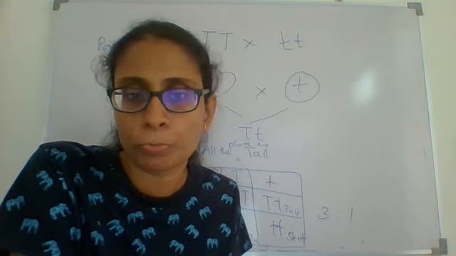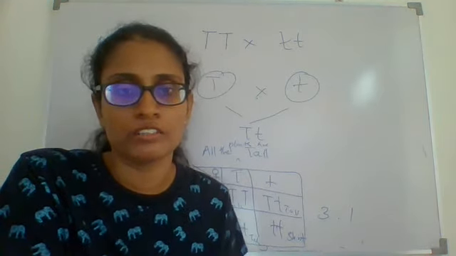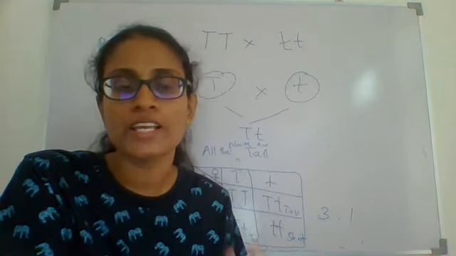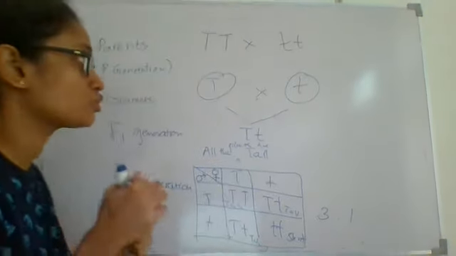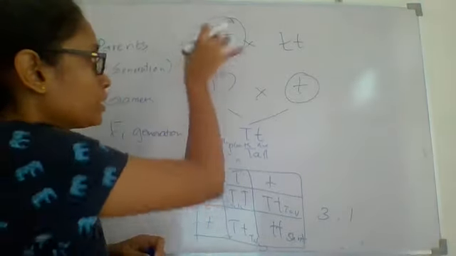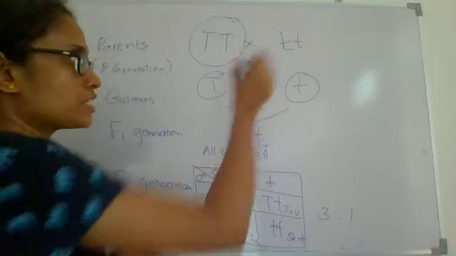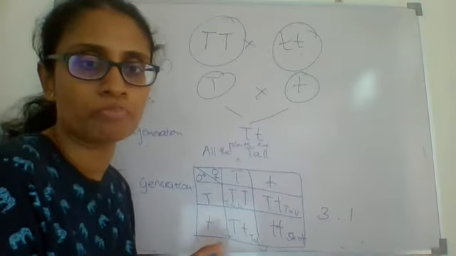As I told you earlier, if the two genes are similar for a given feature, like here, capital T, capital T, or simple t, simple t, for this feature the two genes are the same.